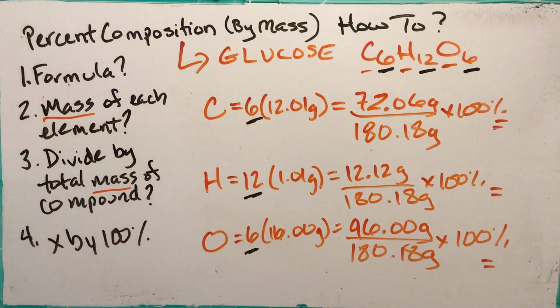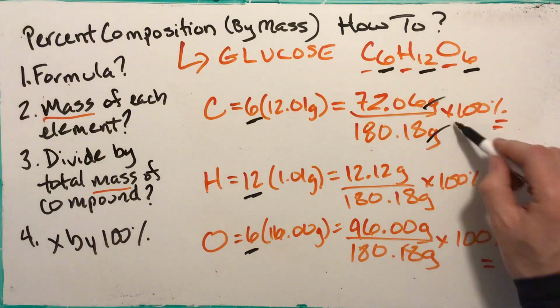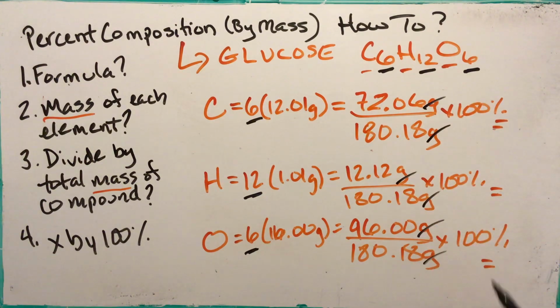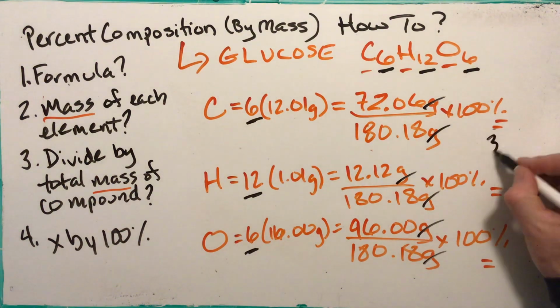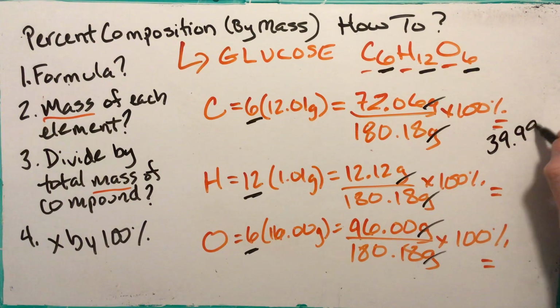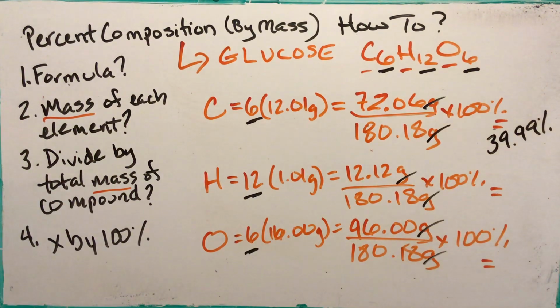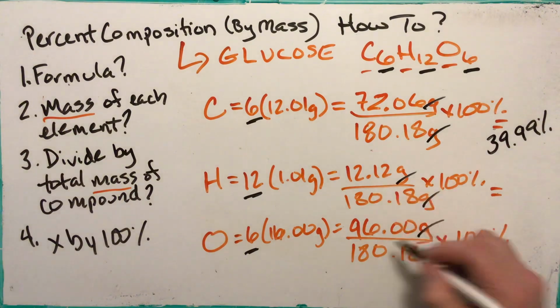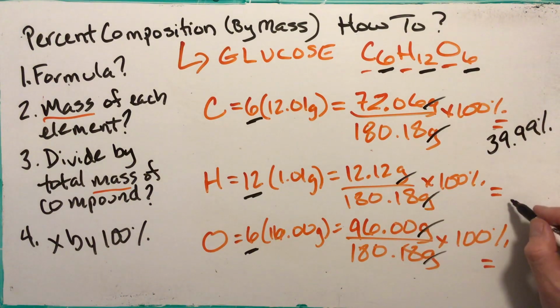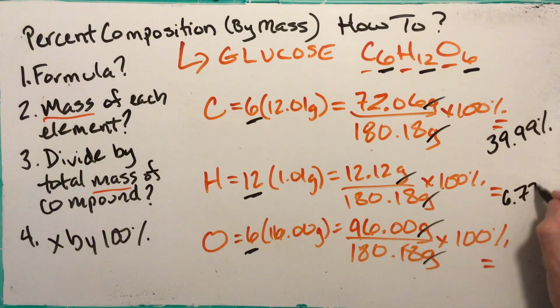I'll offset these. Grams divided by grams will be no grams. So they're all going to cancel, but I'll be left with percentages for each element. So again, using the trusty calculator-o-matic 3000, carbon is 39.99%. This one ends up being 6.73%.